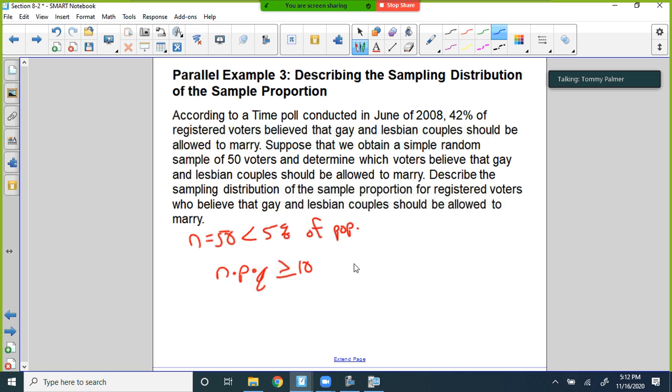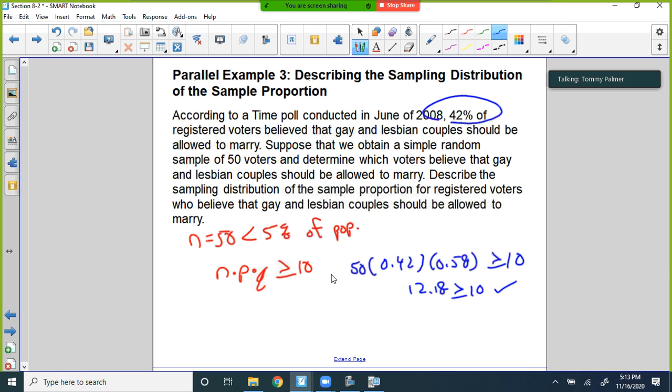So it's 50 times the probability, p is 0.42, and q is 0.58. Is that greater than or equal to 10? When you do that, you get 12.18, which is greater than or equal to 10. So yeah, we can treat it as though it's normal because it's greater than or equal to 10.